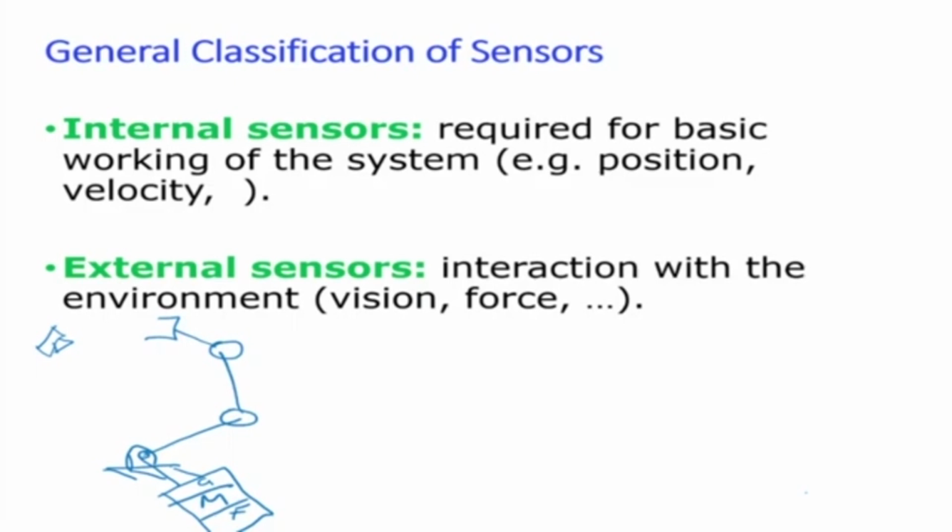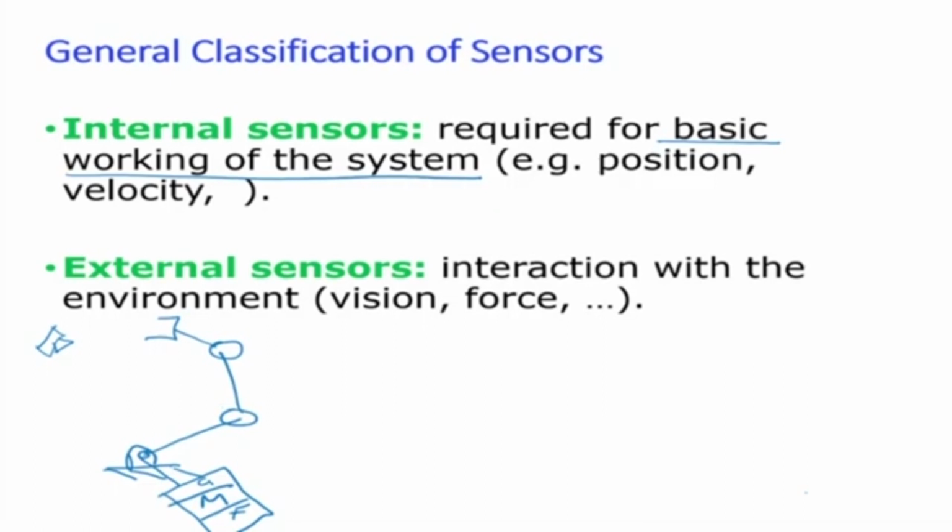The first group is internal sensors. Internal sensors are required for the basic working of the system. You can understand from here that the motor, gear and the encoder are one unit, and the position sensor is required for the internal working of the robot.